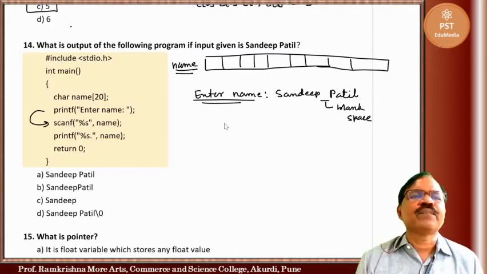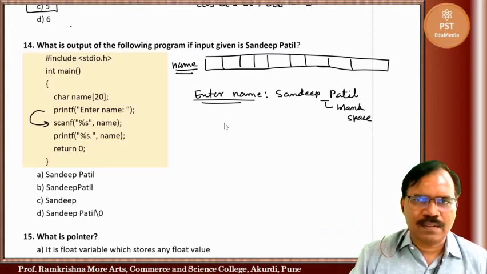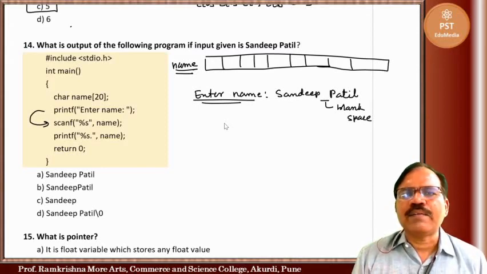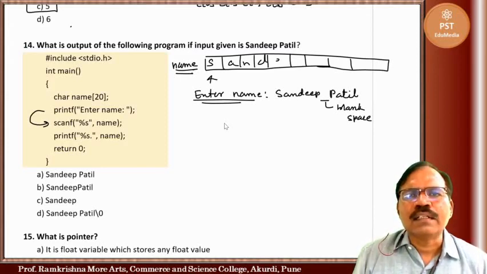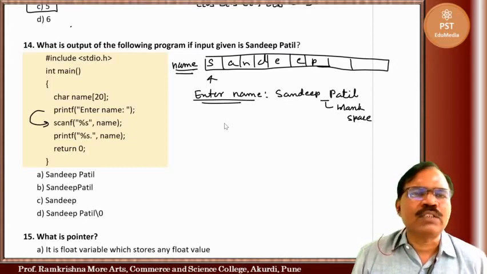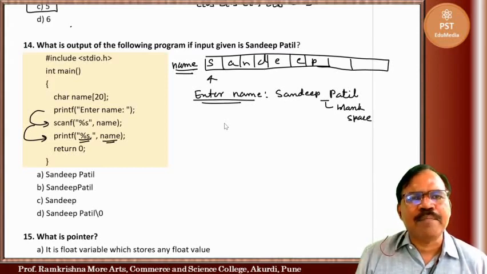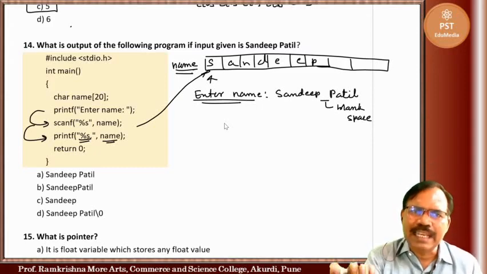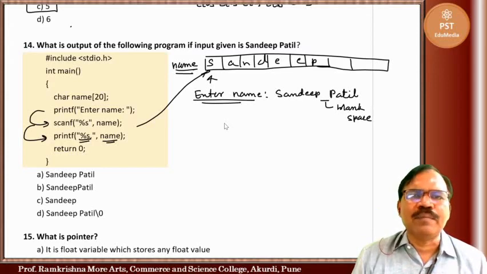The scanf function will take whatever is typed on the screen and store it here, Sandeep and so on, and then it will print %s name. So it will go to the memory location of name, take whatever string is stored there, and that will be printed.